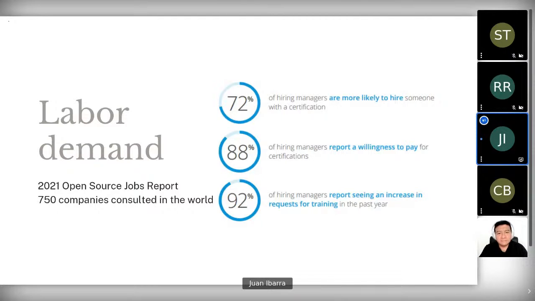Y esto está siendo como una reacción en cadena, básicamente, porque a más demanda de profesionales en open source es más demanda de skills, más demanda de certificaciones, pago de salario, tratar de mantener el talento dentro de las compañías, porque no es solamente contratar y tener profesional dentro, es tratar de mantenerlo dentro del staff sin que otra empresa le ofrezca, digamos, algo mejor y se vaya y se te escape.